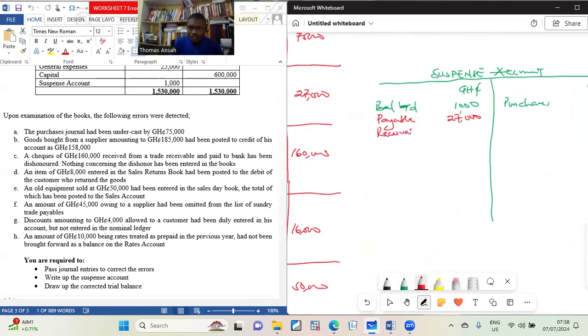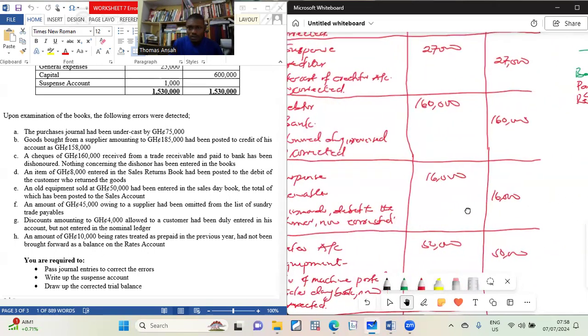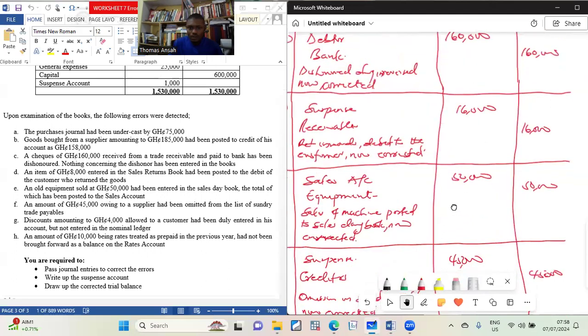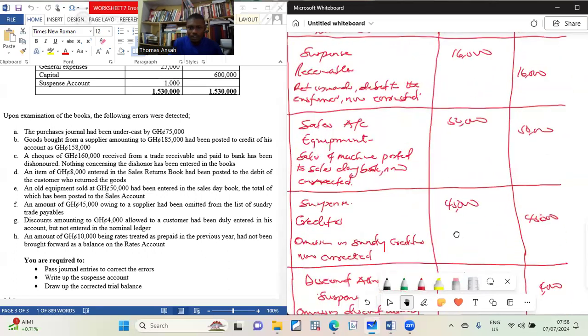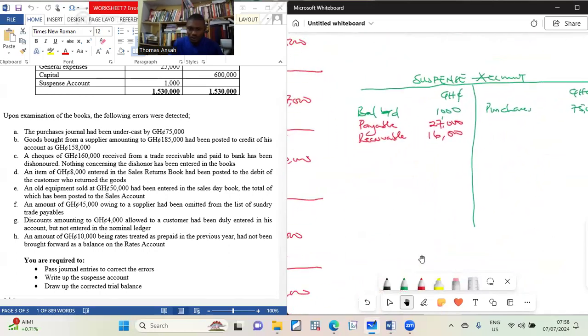Then creditor, debit 45,000. So another payable is 45,000.